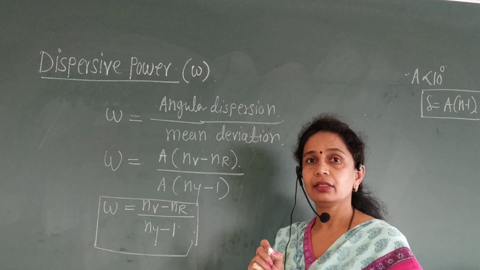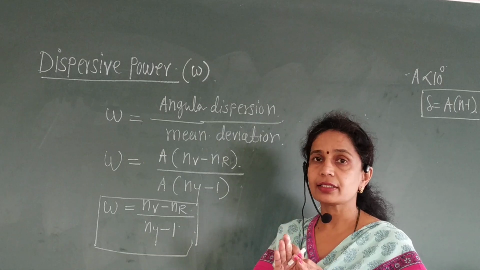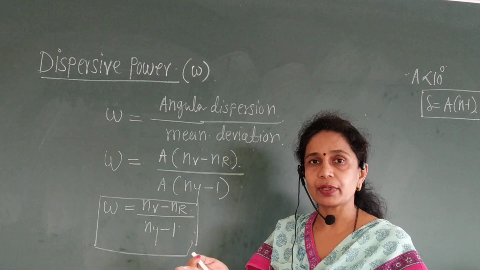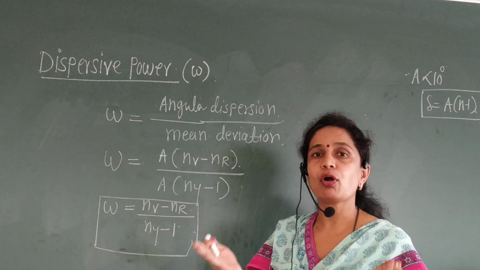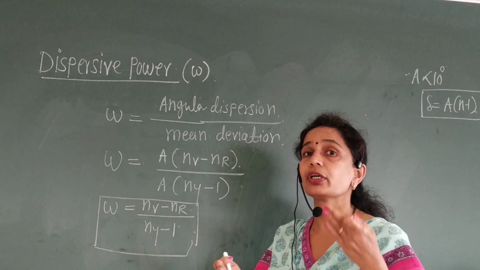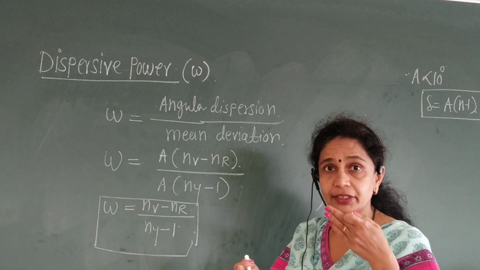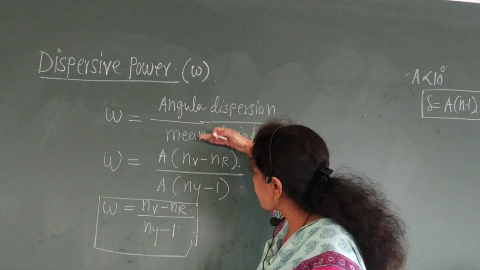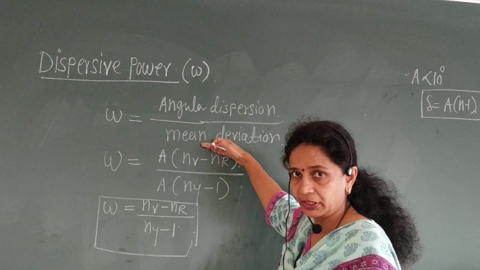See this again. What is the dispersive power? It is the ability of an optical material to disperse a beam of light into its constituent colors. And it is defined as the ratio of angular dispersion to the mean deviation.